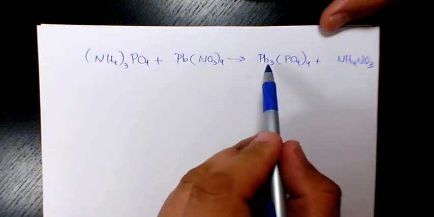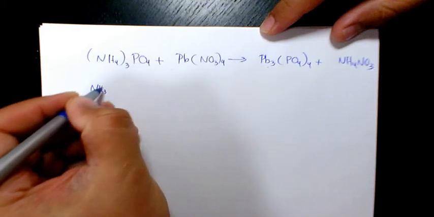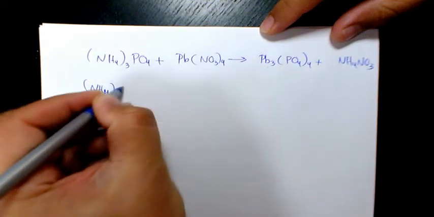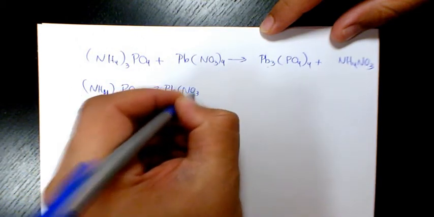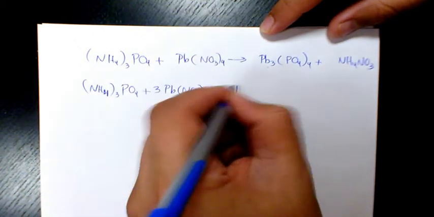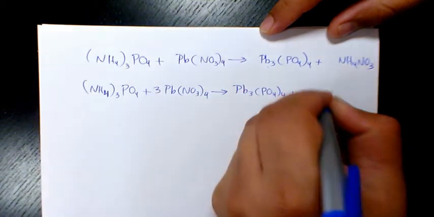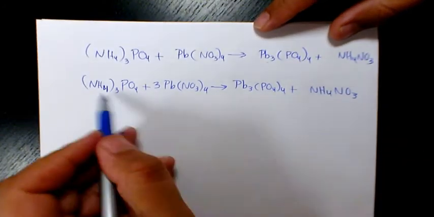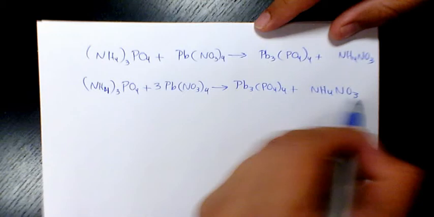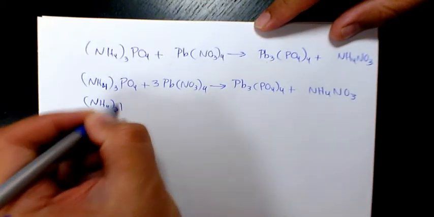So we have 3 Pb, we need to put 3 in here, so (NH4)3PO4 plus 3 Pb(NO3)4 gives us Pb3(PO4)4 plus NH4NO3. So we need to place NH4 3, so we need to place 3 in here, so NH4, (NH4)3PO4.